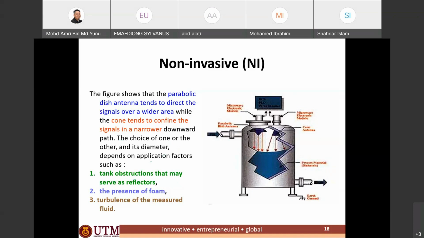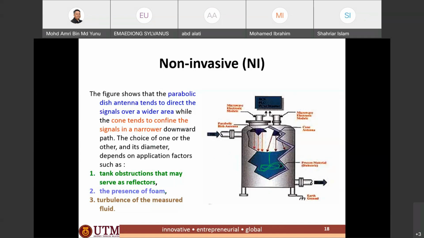The choice depends on a few factors, for example, tank obstructions that may serve as reflectors, such as a mixer. That will determine which one we are going to use.